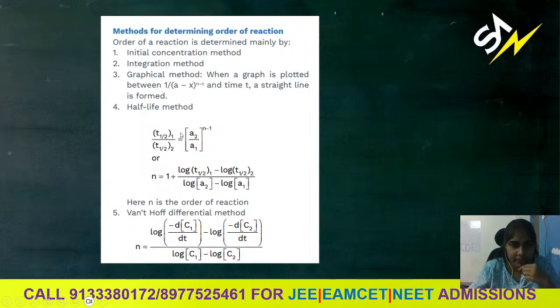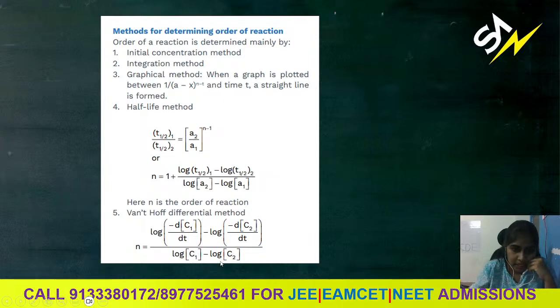For this half-life method, we take the ratio of t half of 1 by t half of 2, which is equal to a2 by a1, these concentrations to the power of n minus 1. So this gives the order of the reaction, where n is the order of the reaction. Next, Van 't Hoff differential method.